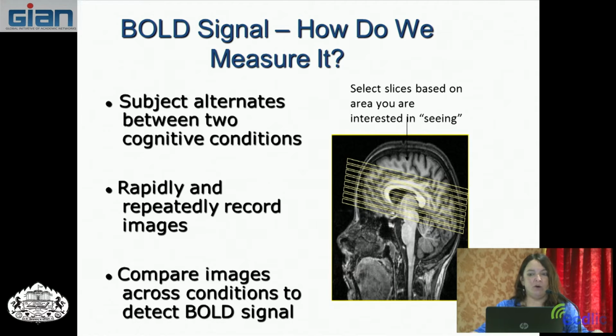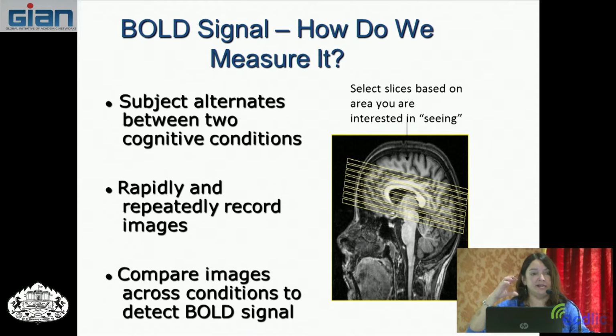Okay, we talked about how we measure this a little bit. So we have a person alternating between two states while they're in the MRI machine. For example, we could have them just rest, or we could have them tap their finger. And while we're doing this, we're recording these slices of tissue very rapidly over and over again.